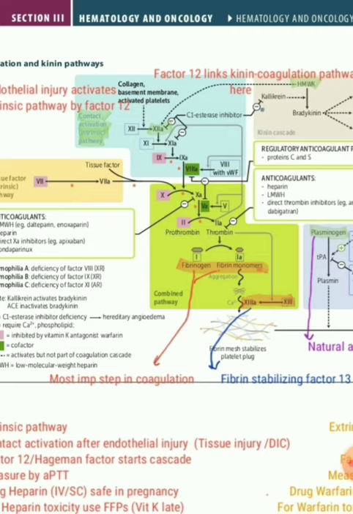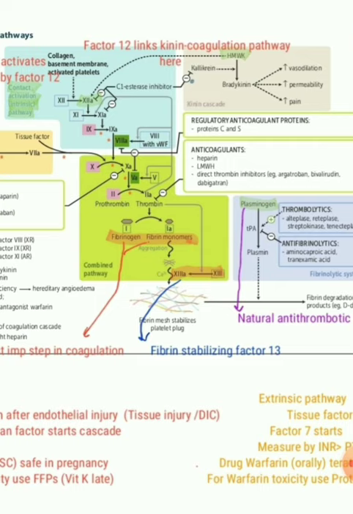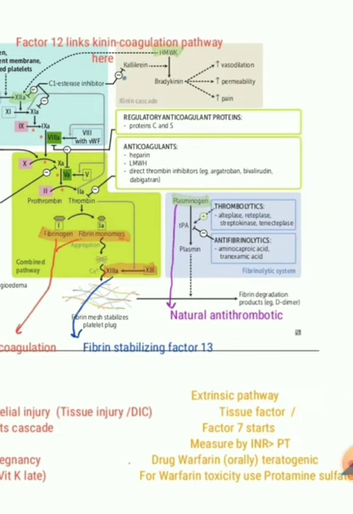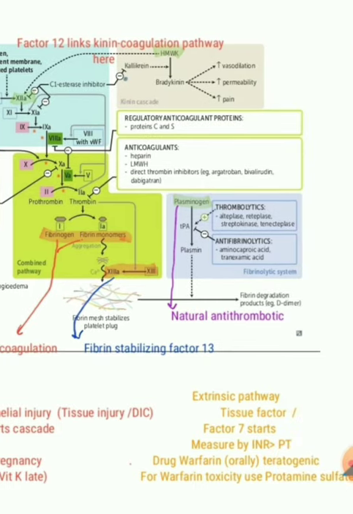And then the other is the last step, that factor 13, fibrin stabilizing factor, once activated, stabilizes the fibrin meshwork. And then to destroy it, or to thrombolize it, we have plasminogen as a natural antithrombotic inside our body.